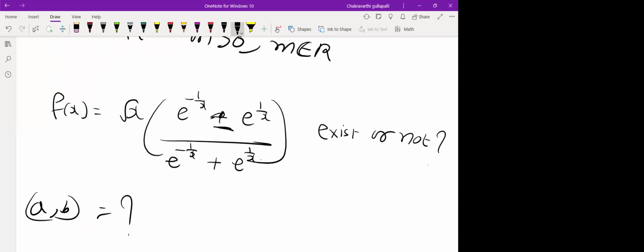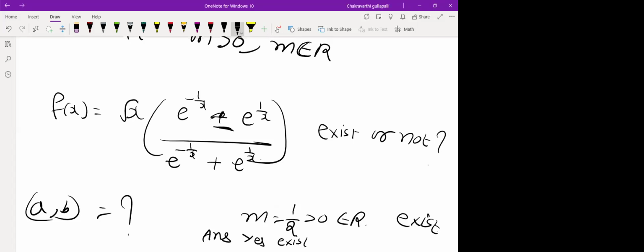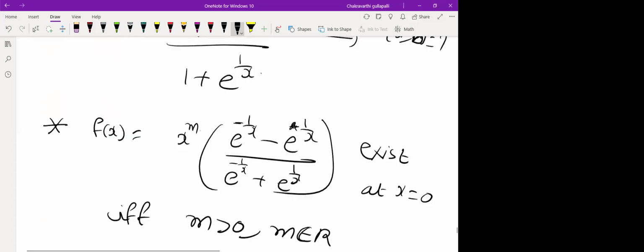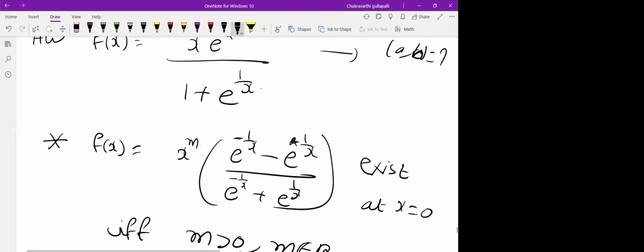ఎట్లా ఆన్సర్ చేస్తారు దీన్ని? ఇక్కడ m వాల్యూ ఏముంది మీకు? 1/2. సిన్సియర్గా LHL RHL చేయొద్దు. పాజిటివ్ రియల్ నెంబర్. ఎగ్జిస్ట్ ఆర్ నాట్? ఎగ్జిస్ట్. ఆన్సర్ ఈస్ ఎస్, ఎగ్జిస్ట్. వాట్ ఈస్ A, వాట్ ఈస్ B? LHL will be equal to RHL, will it exist అని ఇచ్చాను కదా ఇక్కడ. వాట్ ఈస్ ద వాల్యూ దెన్?